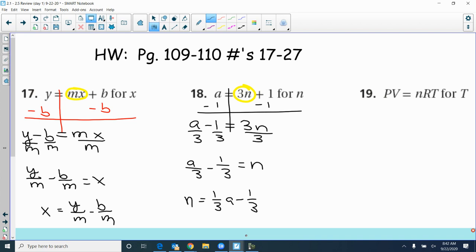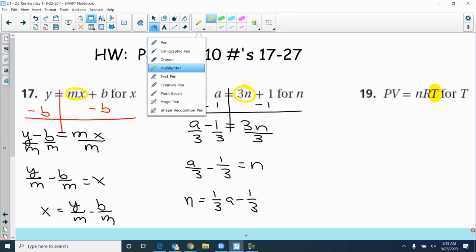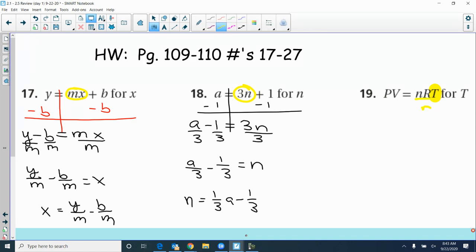All right, Brett, how about 19? What do you think? Since I'm solving for T, everything here is written next to each other, which means they're being multiplied. So you're going to divide by NR.